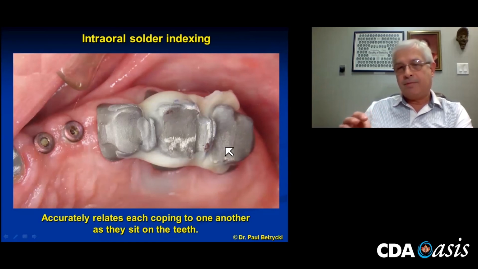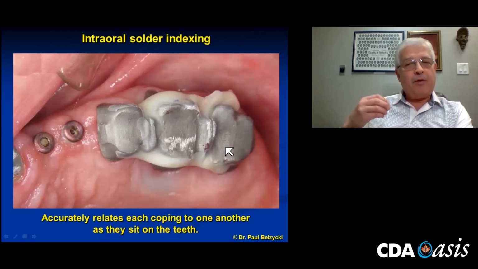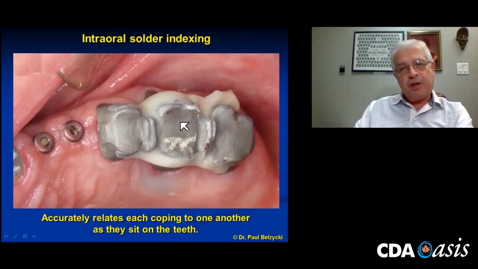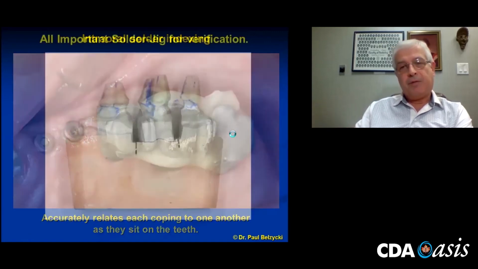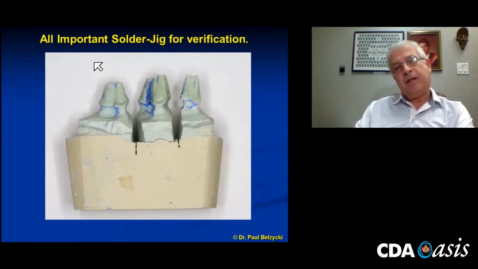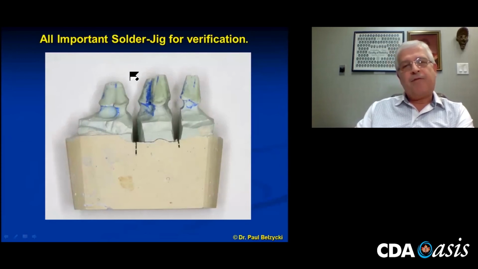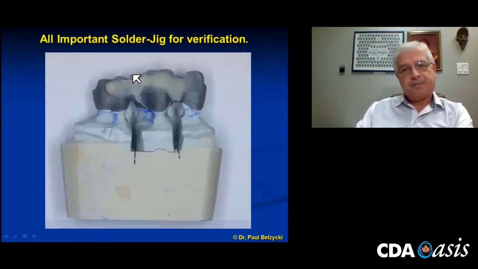That stone can have certain built-in inaccuracies, but I know, and this is how I've always done it, I want to relate each coping to each other as it sits on the tooth. And when I know that there's no rock and everything goes to place as one, I lock that relationship in. Then I make the all-important solder jig. This is a verification jig.